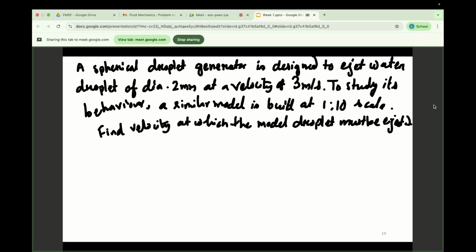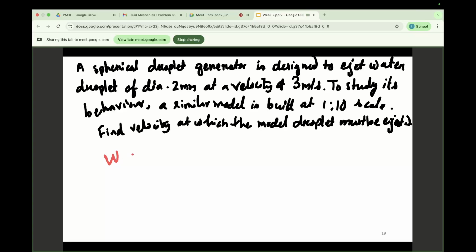Basically, here the main thing is that in some of the questions it will be given that the Euler number is equal, but here no such information is given. But as it talks about the droplet and jet, we get to know that it is the concept of the Euler number. In most questions it will mention in the last that the Euler number is kept constant.